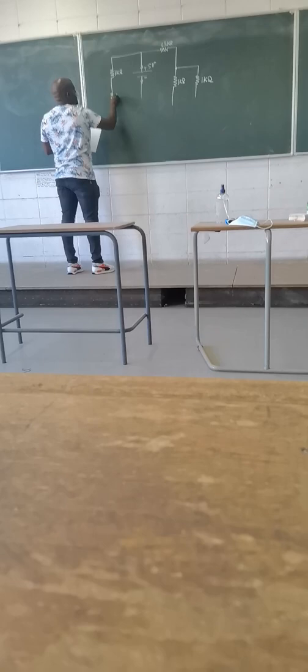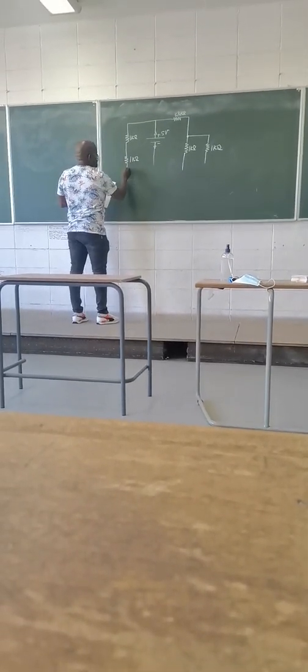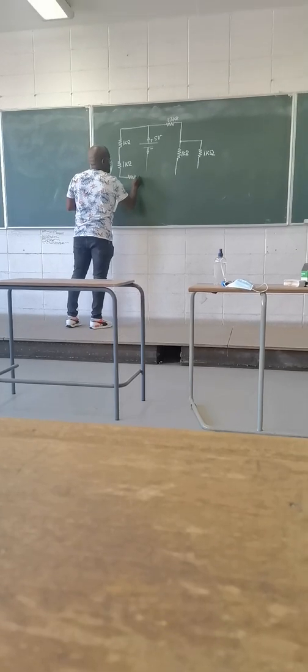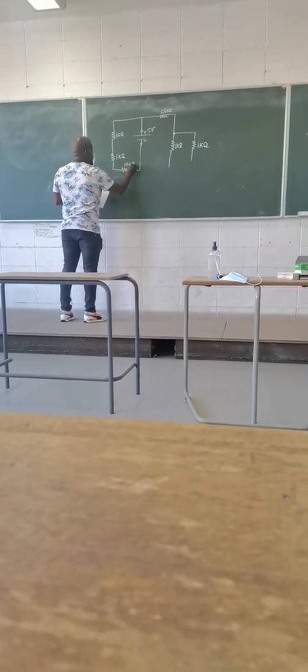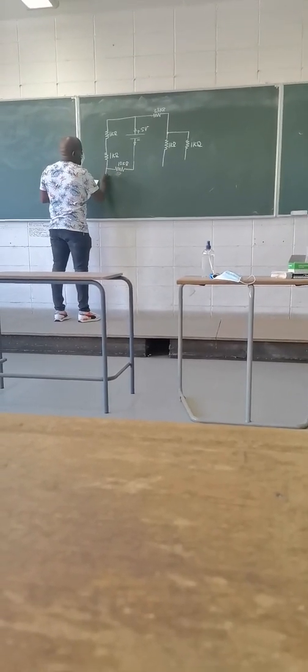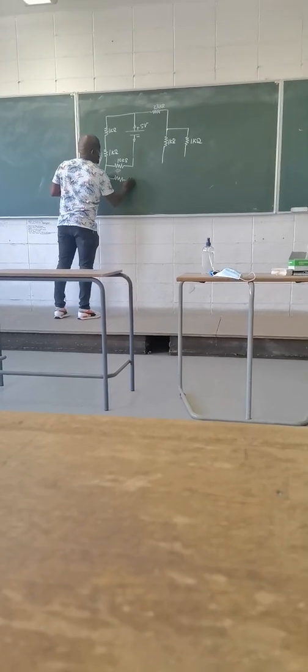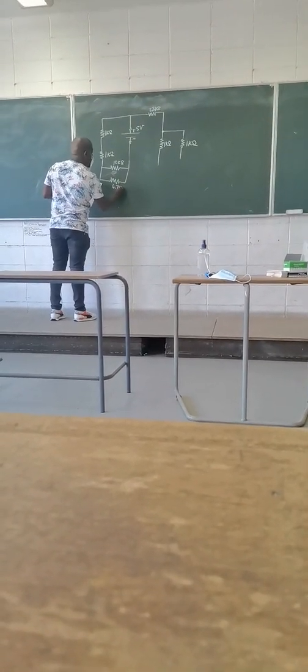Another resistor, 1 kilo ohm. Then another resistor, which is 10 kilo ohm. Then another resistor, which is 4.7 kilo ohm.